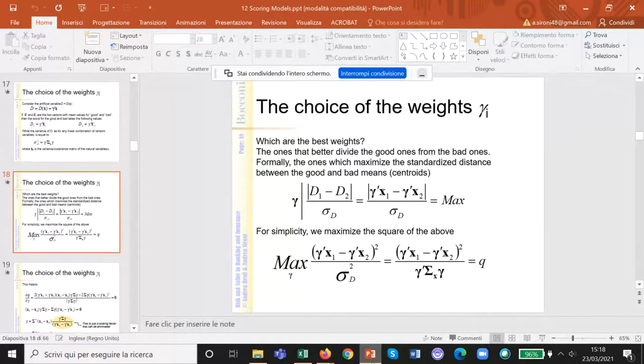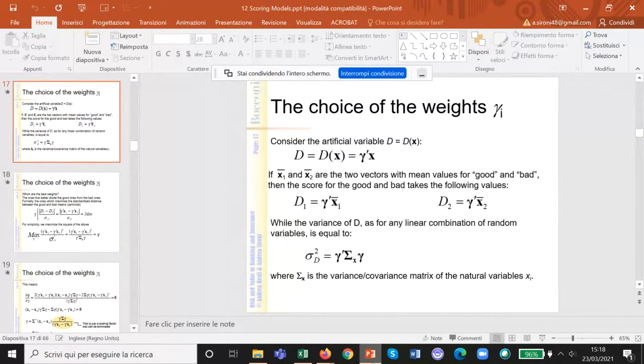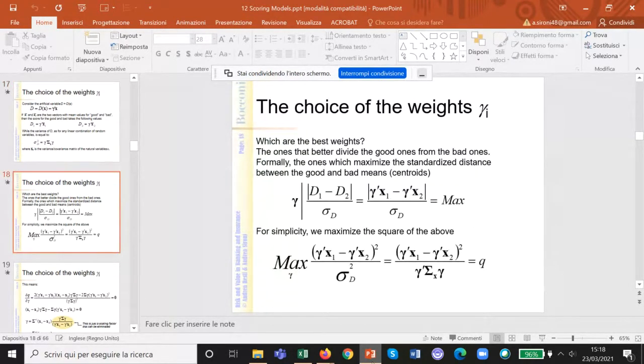And centroids is basically the mean value, okay? The mean values for good companies and bad companies standardized by the standard deviation of the discriminant function, which analytically is the difference between the two means that we saw here, and we have to maximize that.